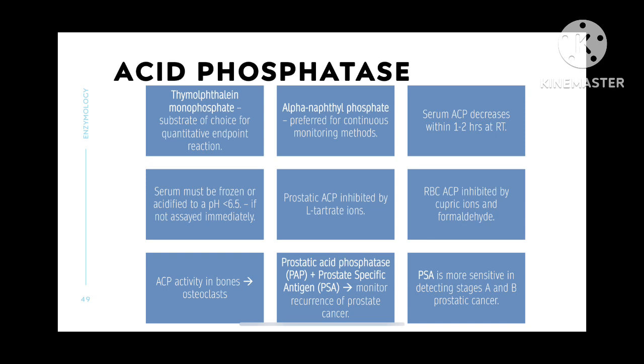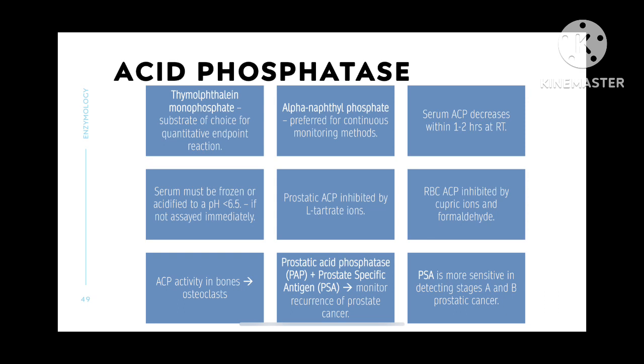Prostate-specific antigen is particularly useful to monitor the success of treatment. However, PSA is controversial as a screening test for prostatic malignancy because PSA elevations may occur in conditions other than prostatic carcinoma, such as benign prostatic hypertrophy and prostatitis.